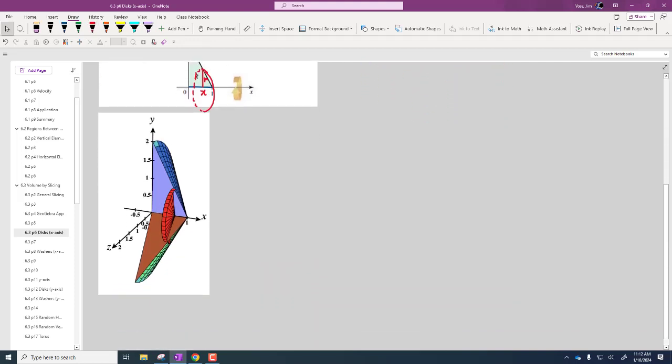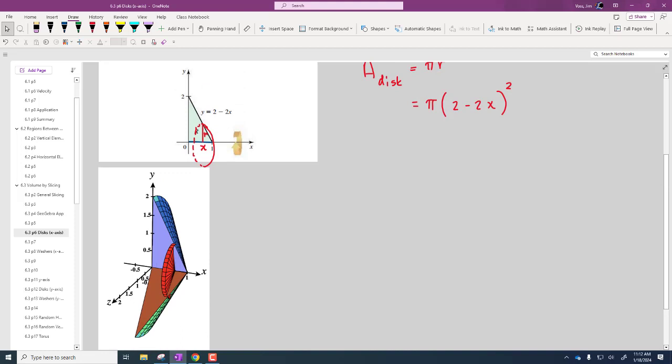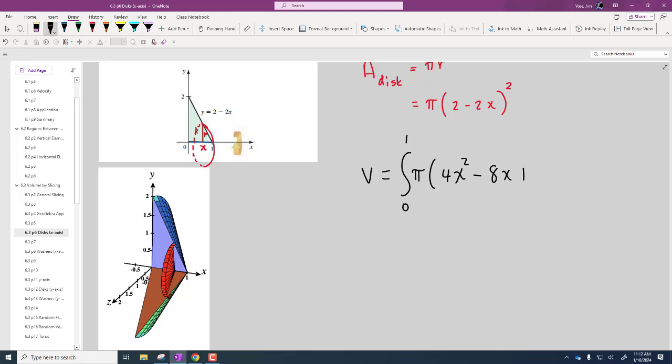And now we want the volume of this whole cone. The volume of that cone is going to be the integral from 0 to 1 of pi multiplied by, we'll square that out. So this will be 4 times x squared minus 8 times x plus 4 if we write it in descending order.